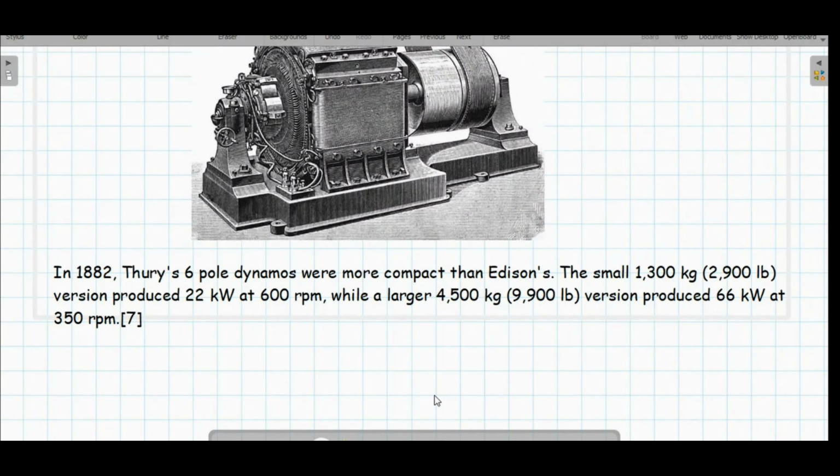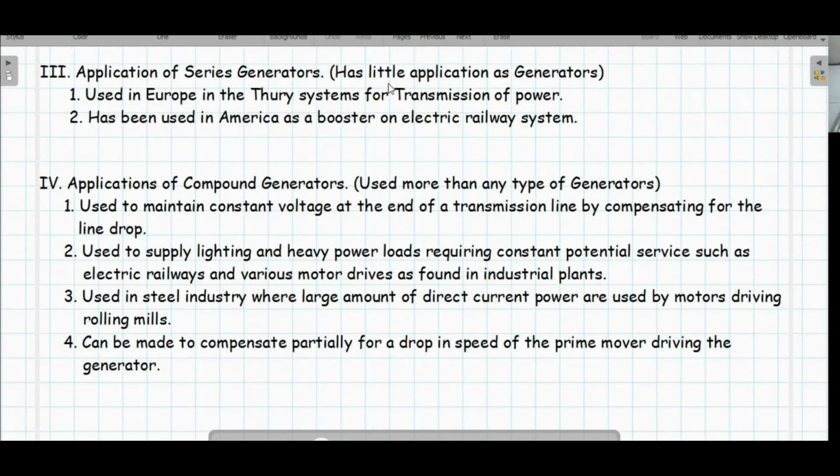It was said to be more compact than the one made by Edison. The small 1,300 kilogram or 2,900 pound version produced 22 kilowatts at 600 RPM, but the bigger 4,500 kilogram or 9,900 pound version produced 66 kilowatts at 350 revolutions per minute. So back to the application.